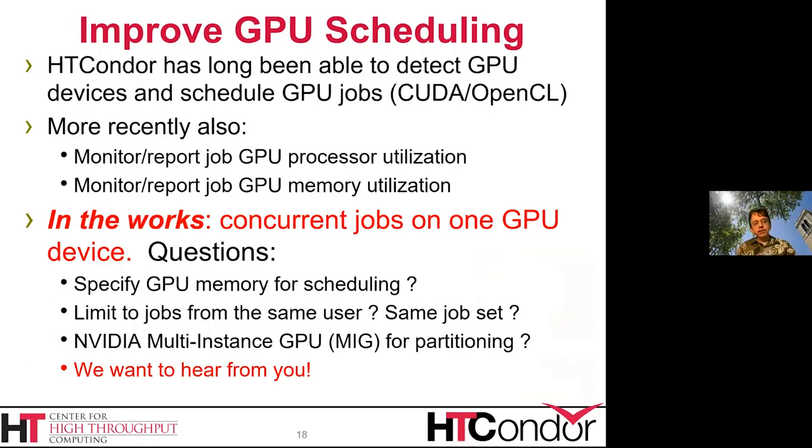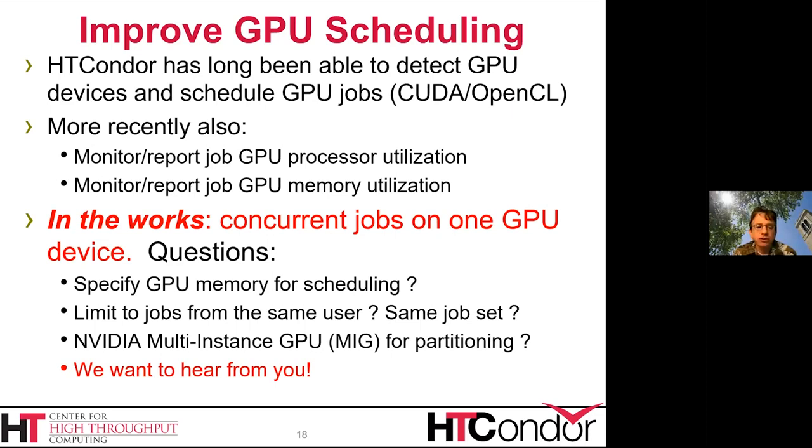And currently in the works is the ability to run concurrent jobs on one GPU device, because a lot of our collaborators are finding that GPU devices have capacity left over if they're just running one job. So why not pack in more jobs? But we have questions about how to do this.